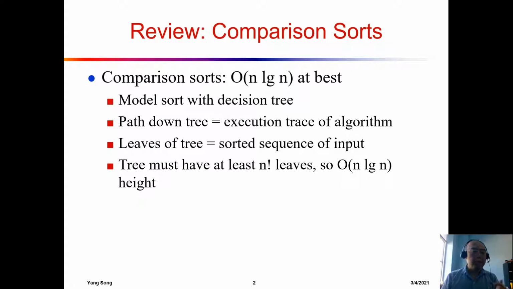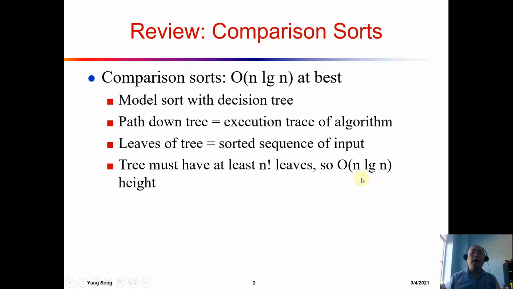We need to understand that if we have n values, the final sorted version of the list could be any possible shuffle of those values. So there has to be at least n factorial leaves. So the height of the tree will be O(n log n).